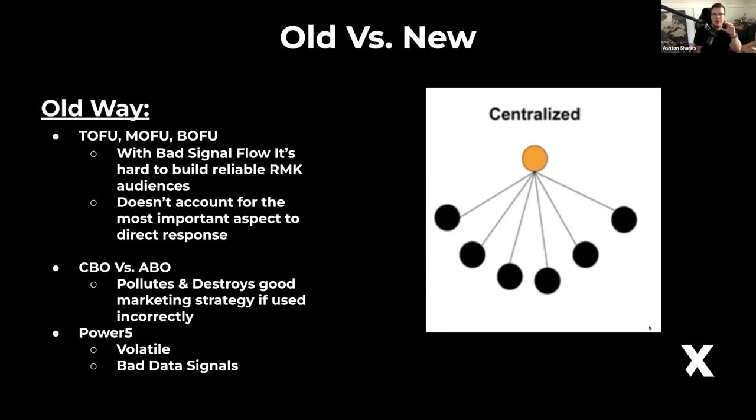And so while CBO and ABO are modalities or ways of creating a campaign, they're not absolutes. For example, you're not looking to create a CBO for CBO's sake, right? There's always got to be a means to an end. And when it comes down to CBO versus ABO, that is a means to the end, which is ultimately what Jonathan was saying: it's knowledge. It's a means to give data back to you.